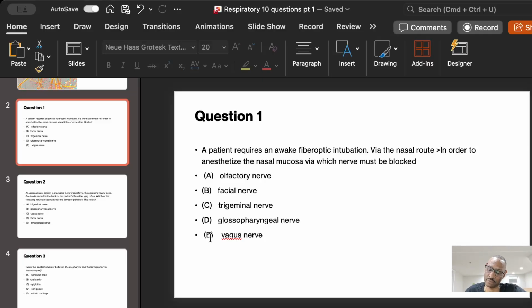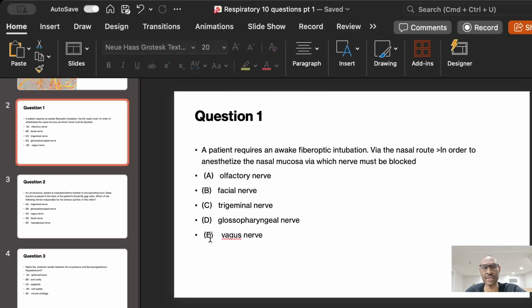That's what I get. Or you can say nerves needed, or nerves targeted for nasal intubation, awake fiber optic.